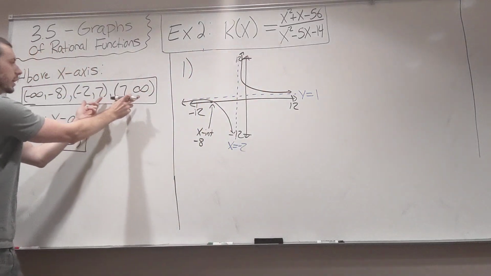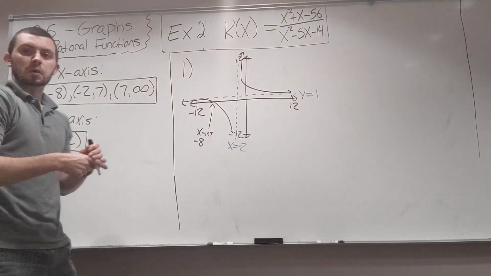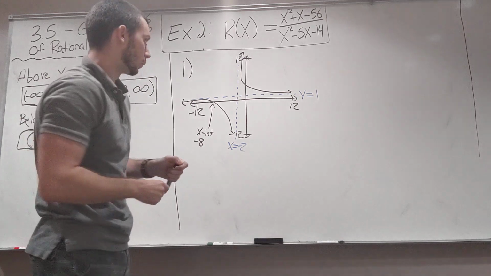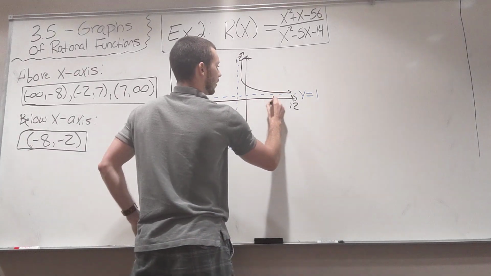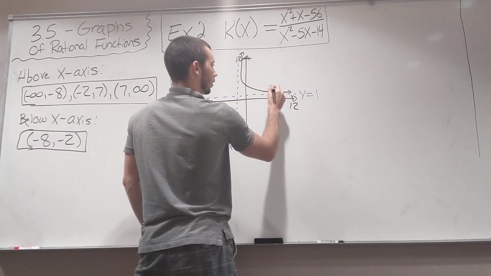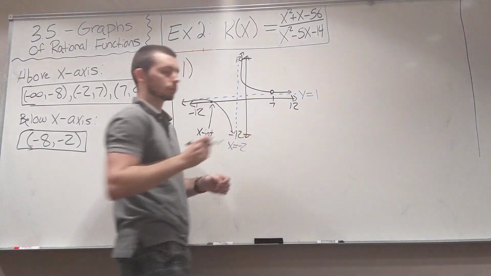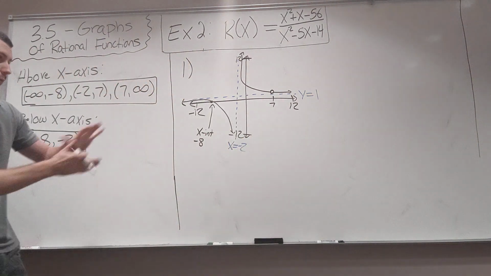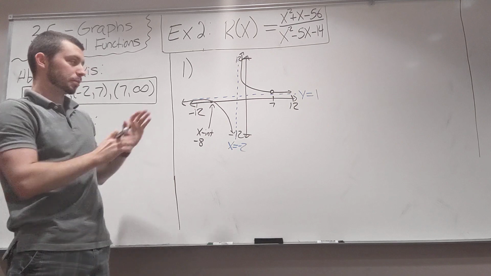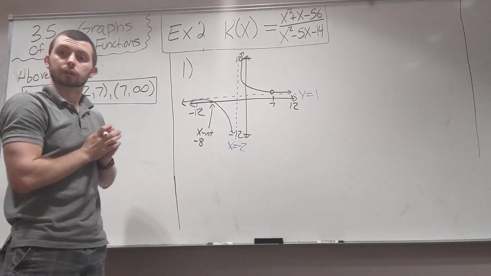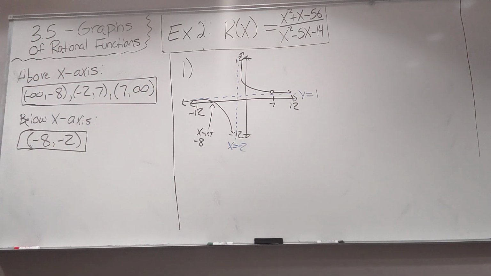And the only reason why it's split up, remember, 7 is an open circle. So at around 7 here, there is an open circle. And that would be the motivation behind constructing this graph, and that would conclude this problem.